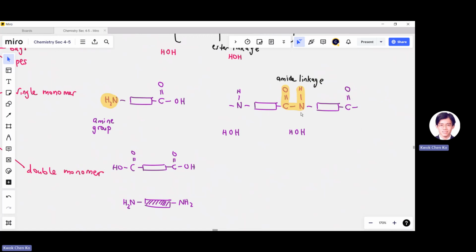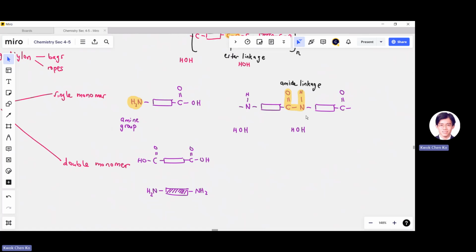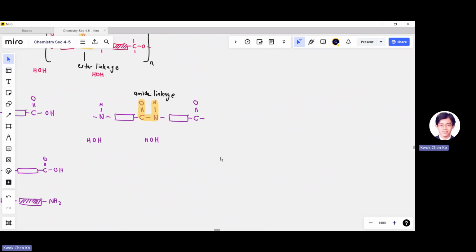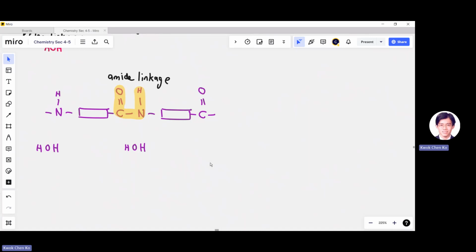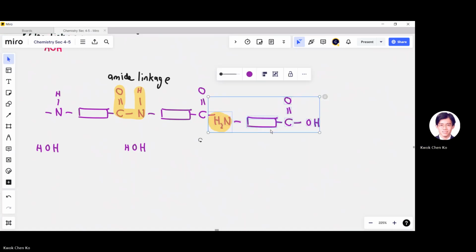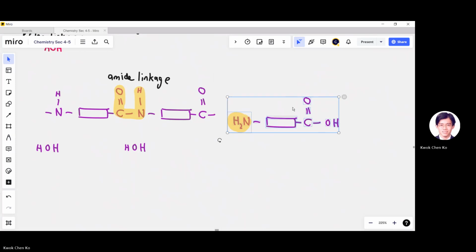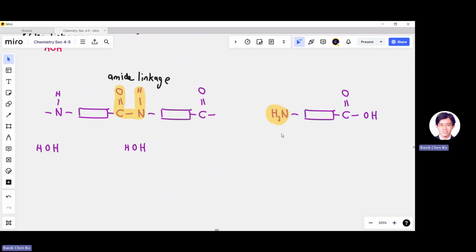But in the polymer structure, you may not see this. You have to infer that it's there because it's going to look like this now. So this is gone, this is there, and H is still there.